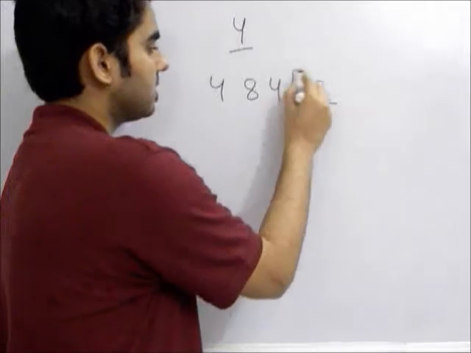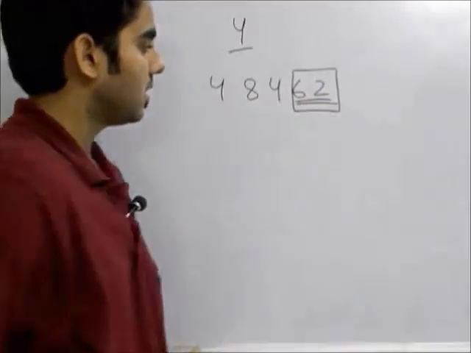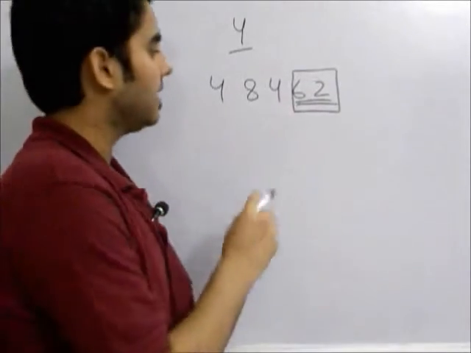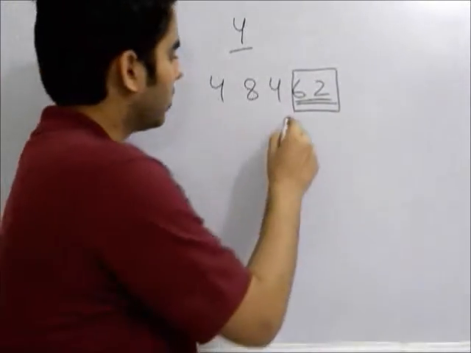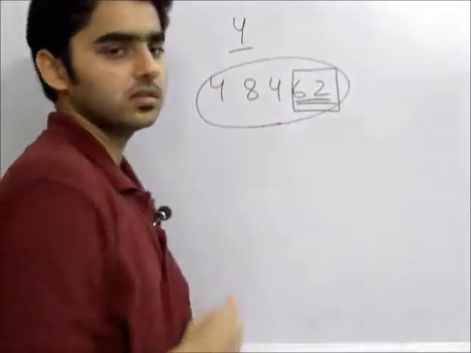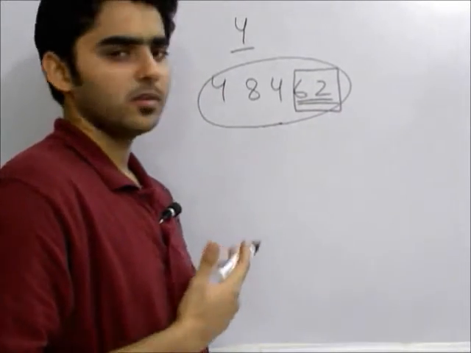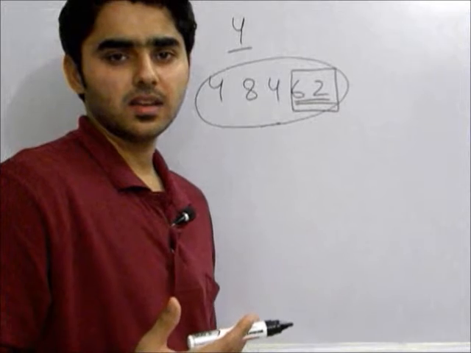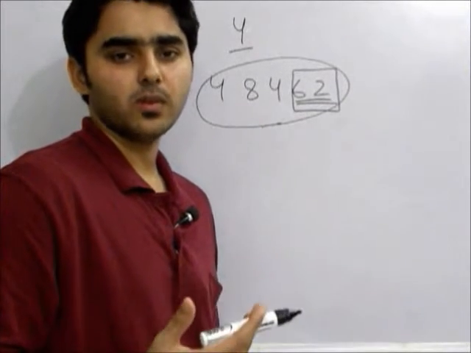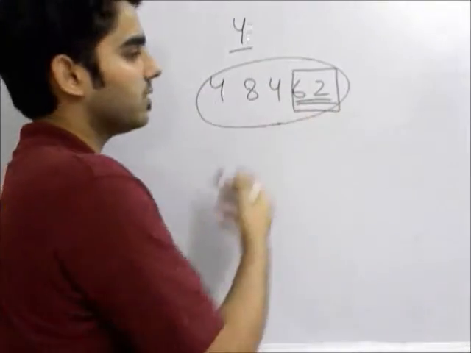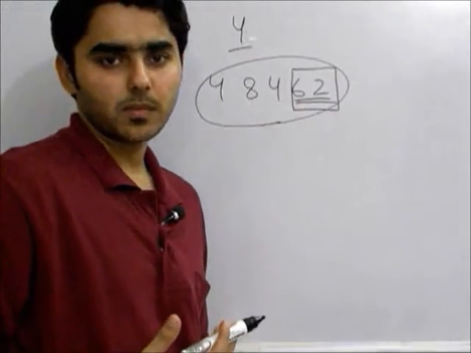If this particular number 62 is divisible by 4, then the whole number is divisible by 4. So in this case, is it? It's not. 15 fours are 60 and 16 fours are 64, right? So this whole number is not divisible by 4.